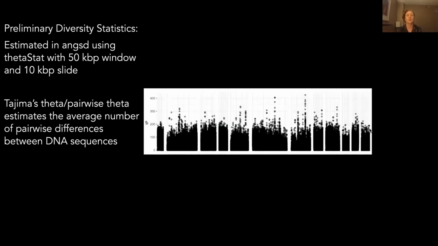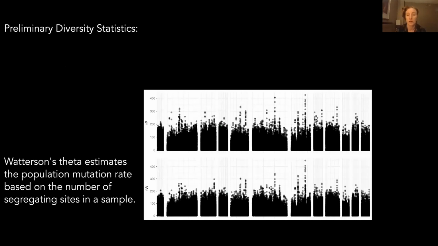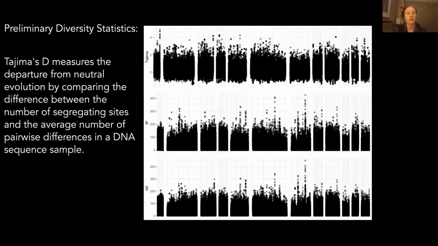We also ran some preliminary diversity statistics on the whole data set, and we were able to use the sliding windows in ANGSD to calculate pairwise theta, which looks at the average number of pairwise differences between sequences. We were also able to calculate Watterson's theta, which looks at the number of segregating sites. And then with those 2 measures, we could calculate Tajima's D, which looks at the departure from neutral evolution by comparing the difference between the segregating sites and the average number of pairwise differences.